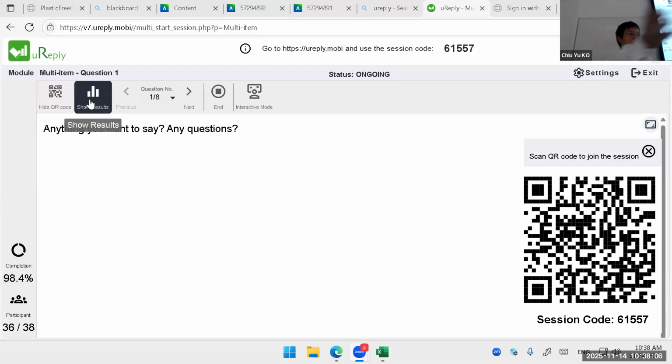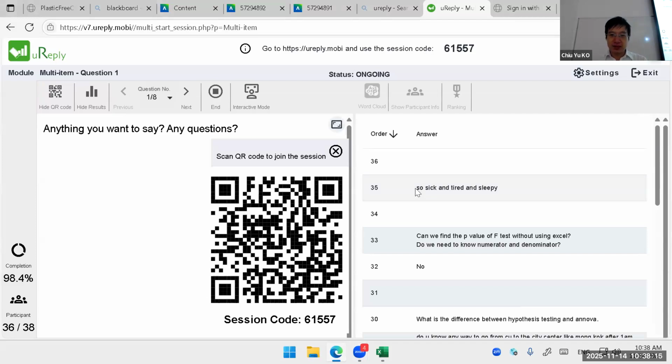I think it's pre-assigned for each group, so I often see the same people from the same concentration. But anyway, so sick, tired, and sleepy. Okay, I have an extra coffee. If anyone needs one, feel free to take it as my gesture. Just ask me. If you need one, raise your hand and I can give it to you for free.